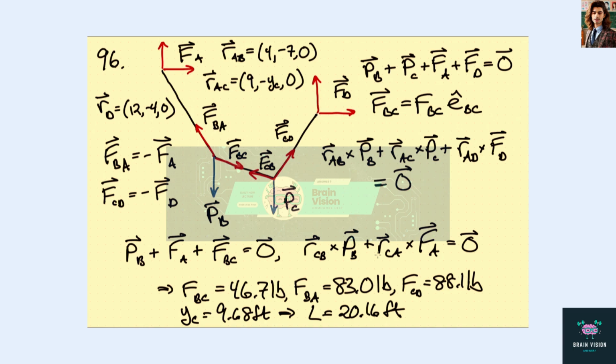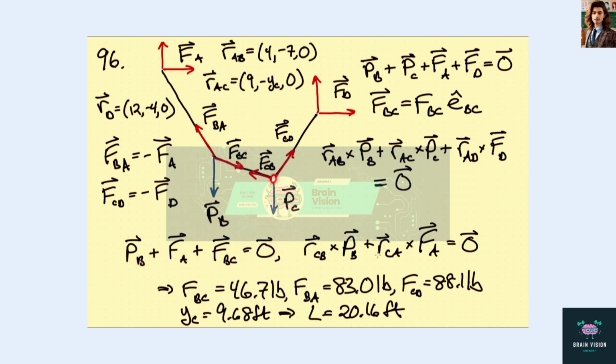We can also take a look at a substructure. If we cut this rope and look at the free body diagram there, we get that PB plus FA plus FBC, the load in the rope that we cut, has to be 0.